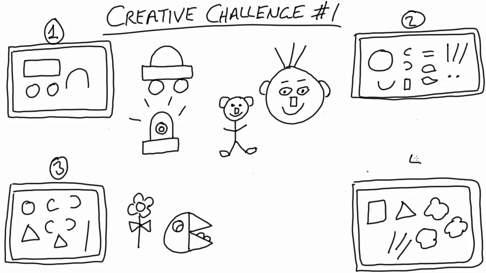Now let's look at the fourth one. For the fourth one, we can, for instance, take that square, use a triangle up on top, and then we can use these blobs as trees and the lines as trunks. There we go.